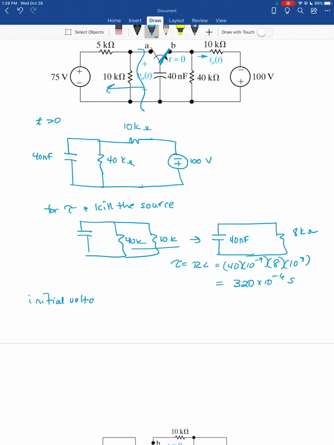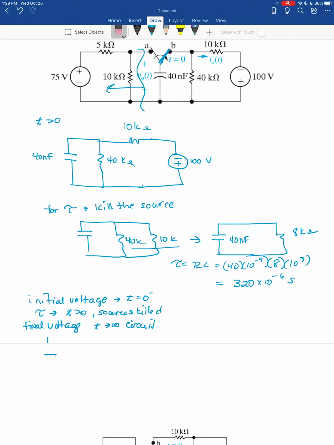So we now have the initial voltage, found from the t equal to 0 minus circuit, and tau, found for the t greater than 0 circuit with sources killed. The final voltage is found from the t going to infinity circuit.